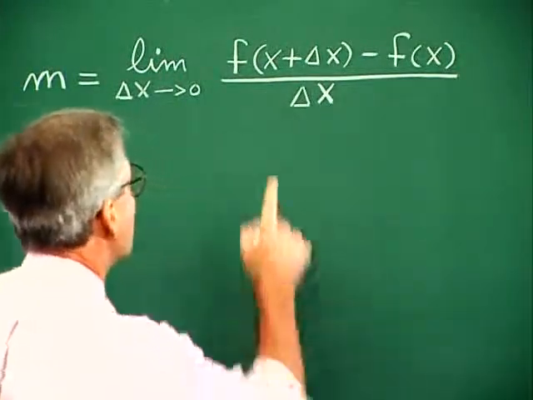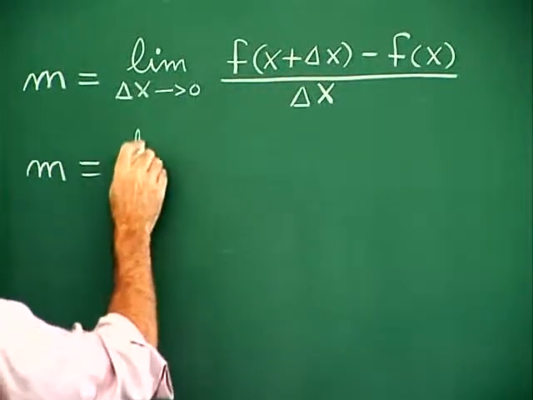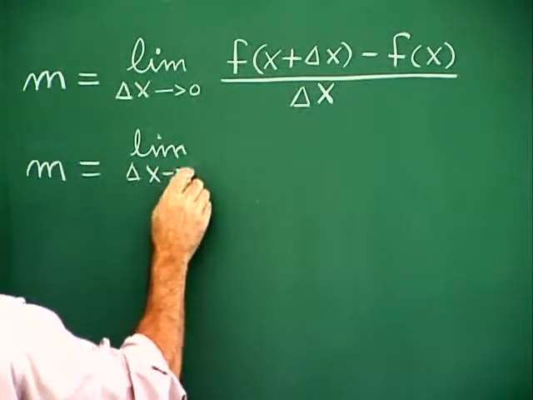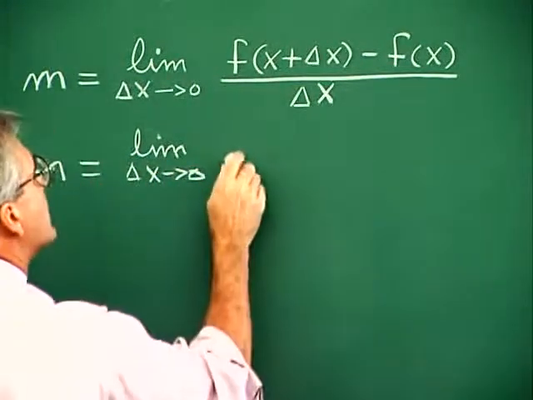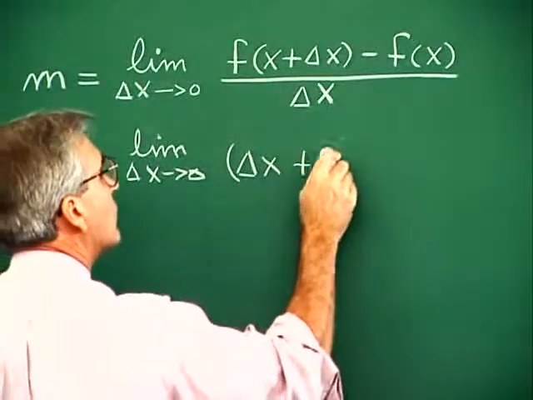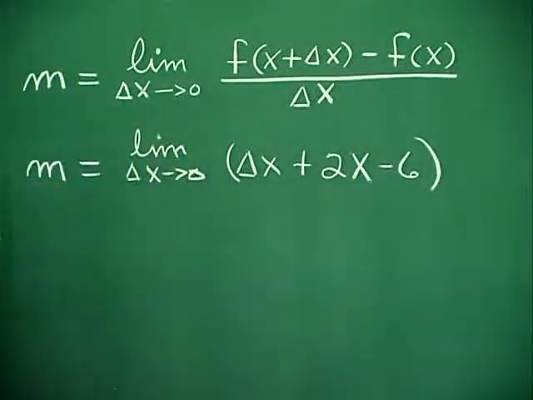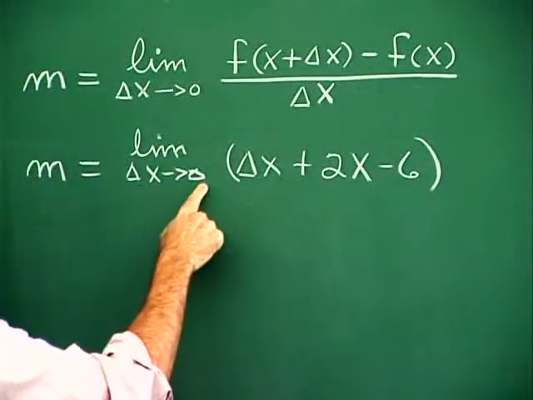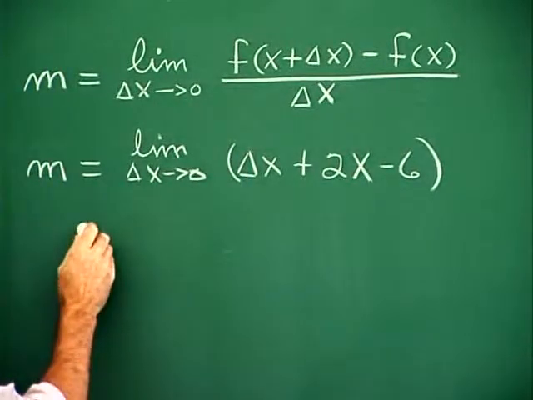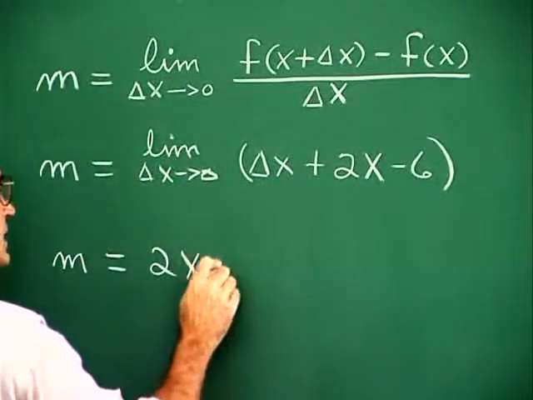And so this part became delta x plus 2x minus 6. Now, the limit as delta x approaches 0 means that this term goes out. So this limit then becomes 2x minus 6.